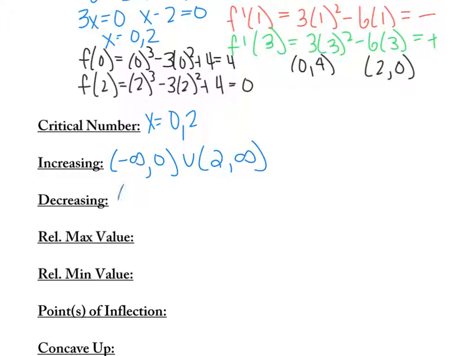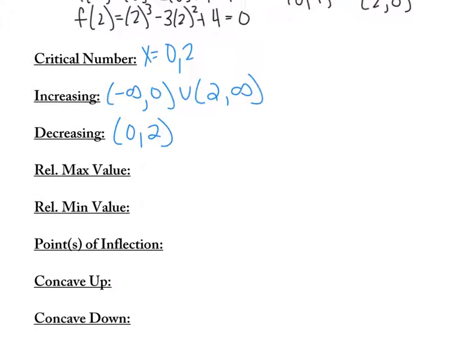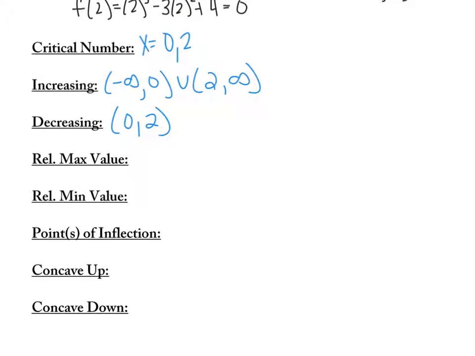And then we are just decreasing from 0 to 2. Like I've said a bunch of times, make sure that this covers the entire number line and you just use the x value. So we cover the entire number line from negative infinity to infinity, so we're good. Relative max values are the y values. Okay, it doesn't ask for the ordered pair, it just asks for the y value, so this is going to be 4. And then the relative minimum value is going to be 0.